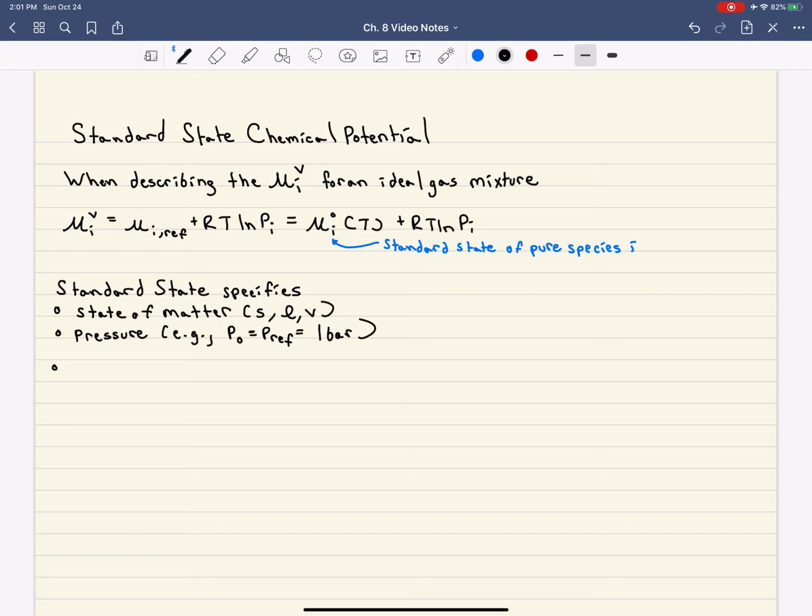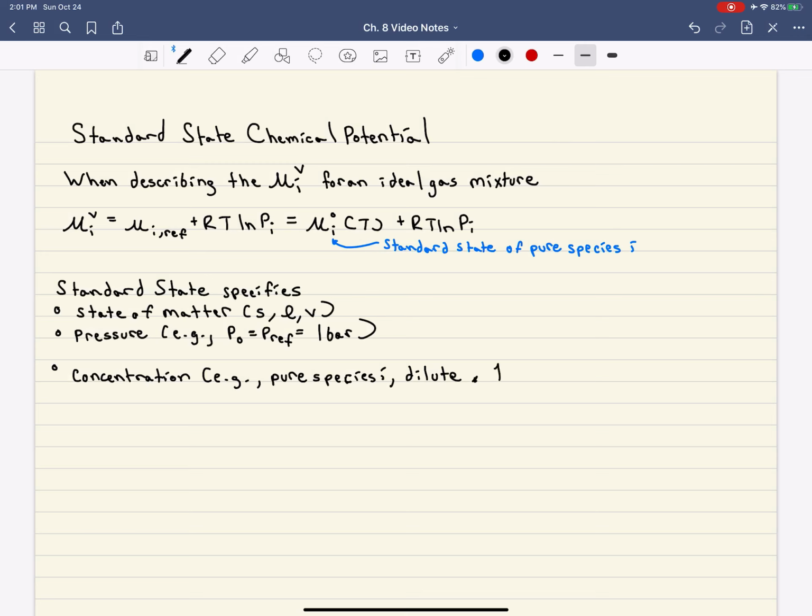And it could also specify a concentration. Right? And so commonly, by that I mean the standard state could represent the pure species i, or sometimes you'll see it refer to dilute species, where the mole fraction of the species in the mixture is very close to 0.